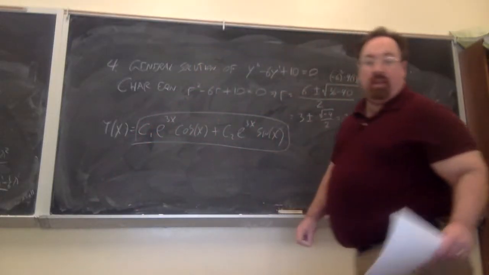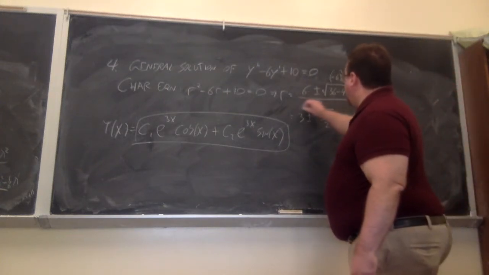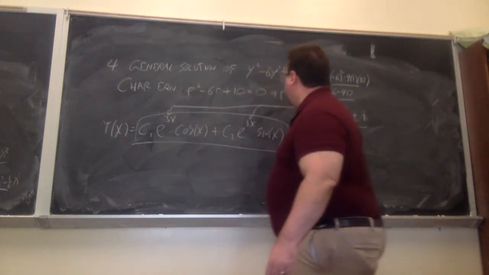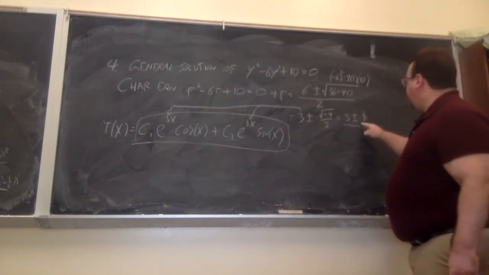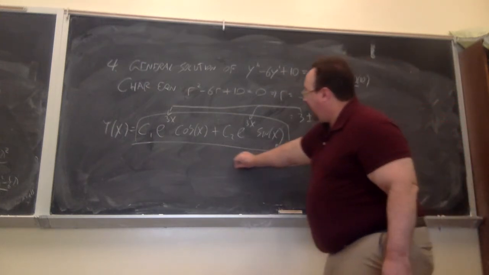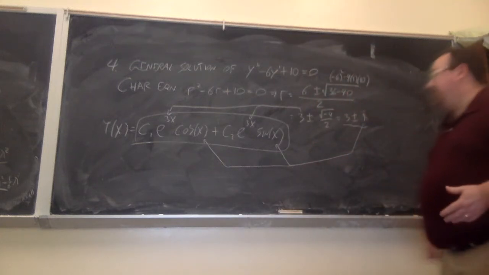So the minus b over 2a part goes into the exponentials. The imaginary part, what multiplies the i, goes into the sine and cosine as the coefficient of x.